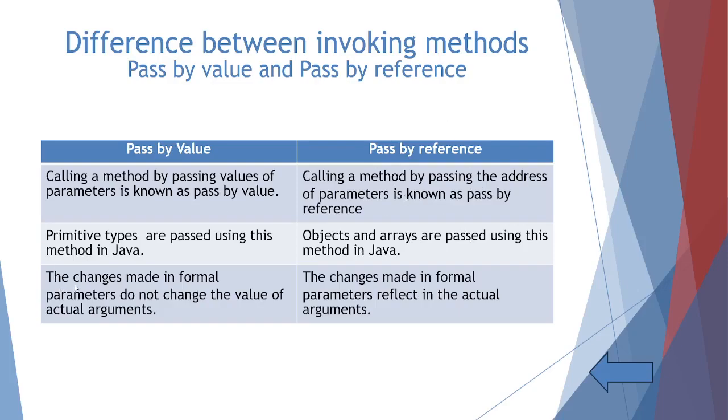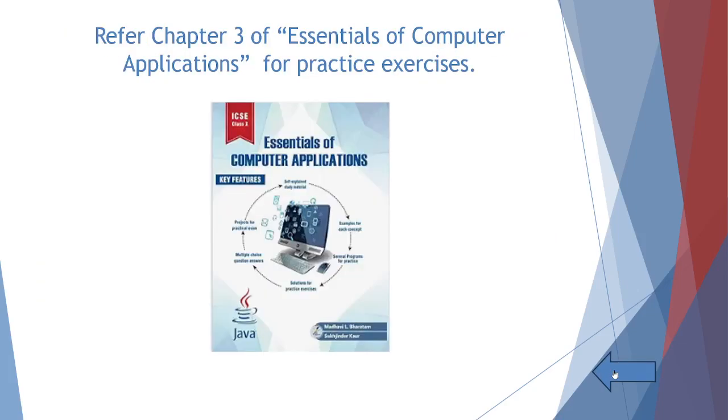The changes made in formal parameters do not change the value of actual parameters or arguments in pass by value, but the changes made in formal parameters reflect in the actual arguments in pass by reference. This is about pass by value, pass by reference when we are sending objects as parameters.